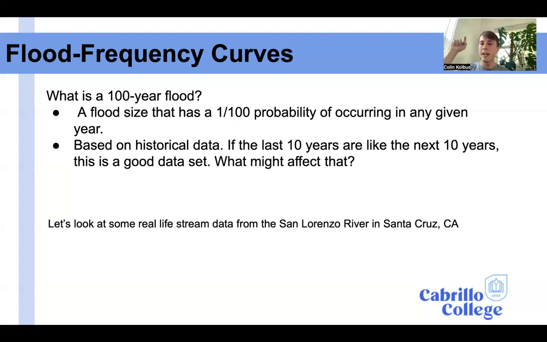We're going to rank it from 1 to 50. We're going to turn that rank into a recurrence interval, the interval in which that particular event will occur, and then we'll plot that recurrence interval to discharge and use that to predict what a 100-year flood will look like.